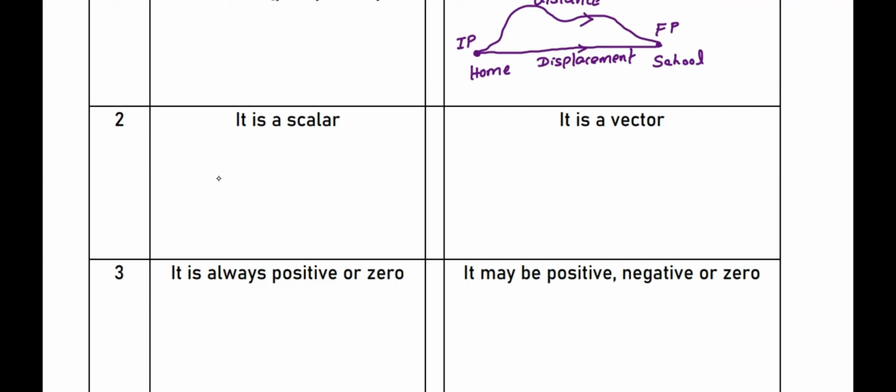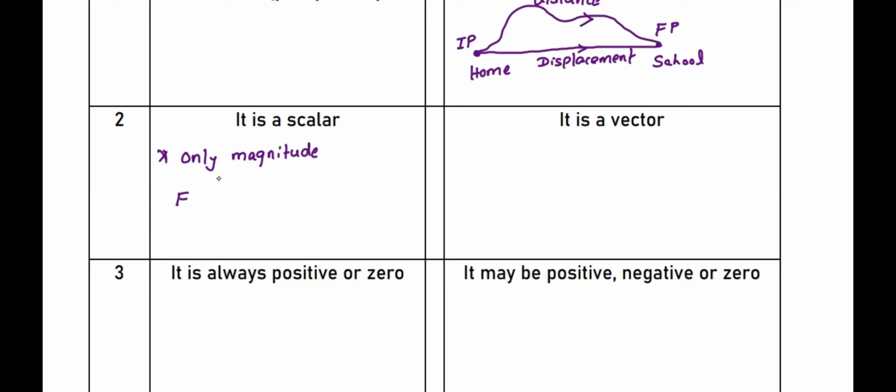Some of the quantities require only the magnitude to represent them. Some of the quantities require both magnitude and direction. If a quantity requires only magnitude and does not require any direction, then the quantity is said to be a scalar quantity.